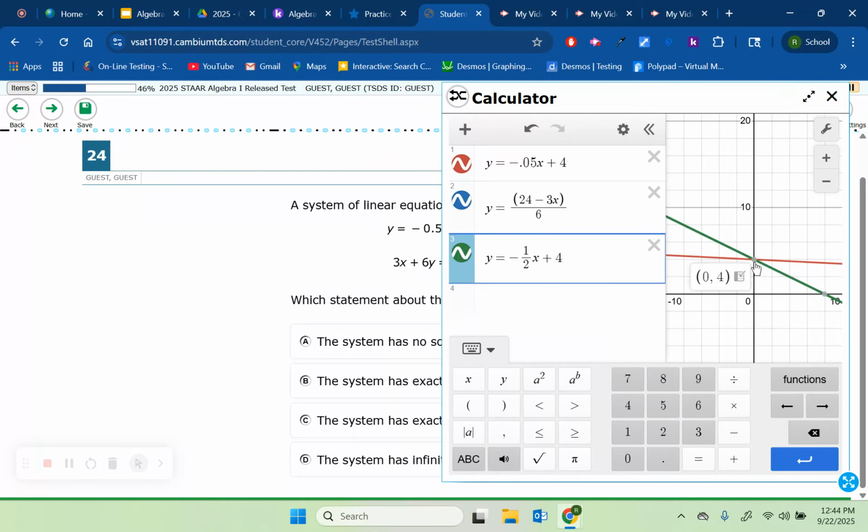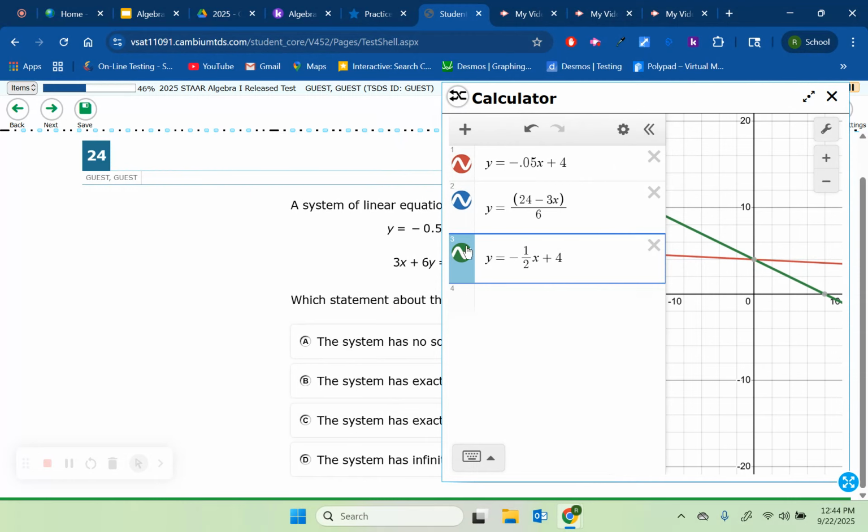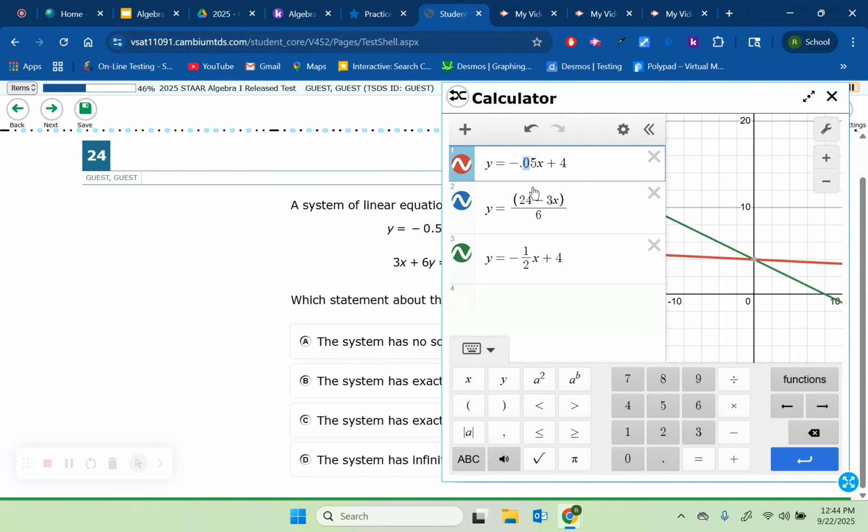It is the exact same graph as this one, but it's different from this one, but why? This should be the exact same. What did I do wrong here? Oh, check that out. Negative 0.5. Negative 0.05. Now it's the exact same guy.